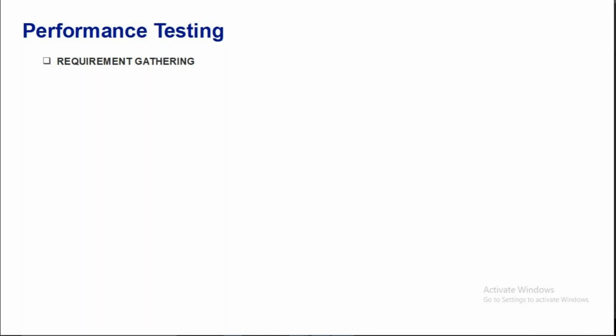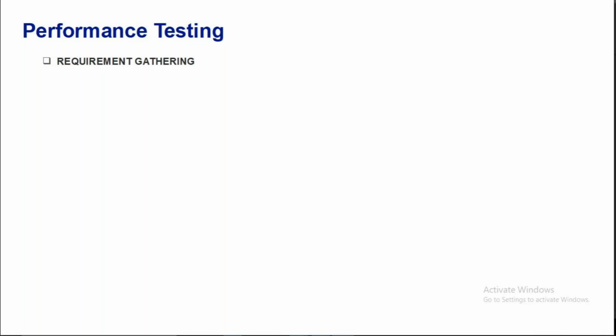Now the objective of performance testing I have explained to you. Now how do we measure that? There are different approaches, different things. In order to do this performance testing, we have different phases. We call it the performance testing life cycle. So the first phase, if you can see on the screen, is requirement gathering.